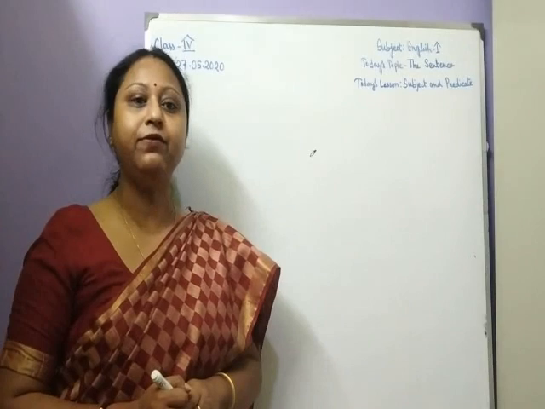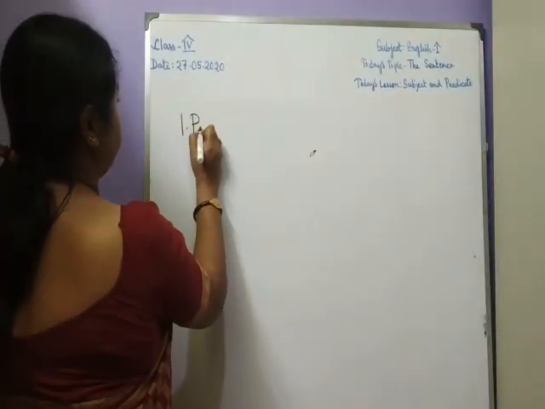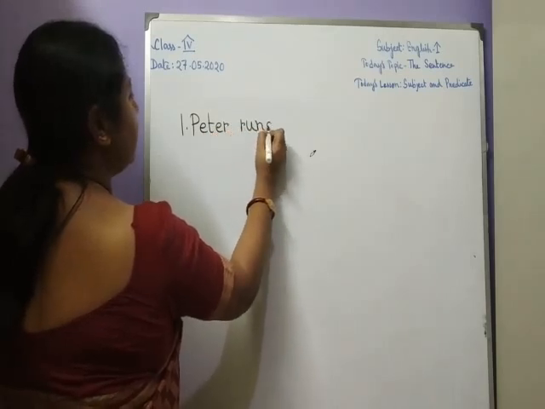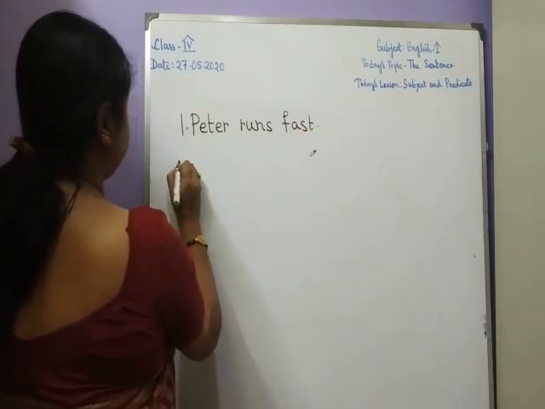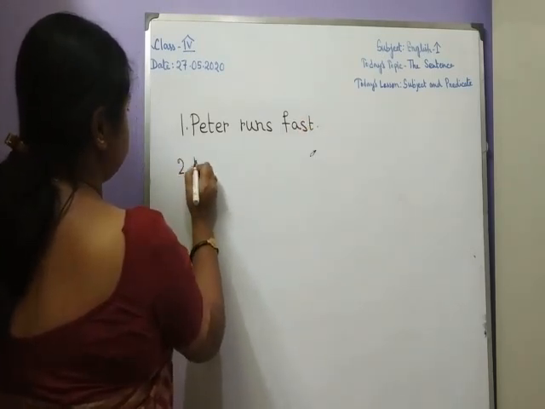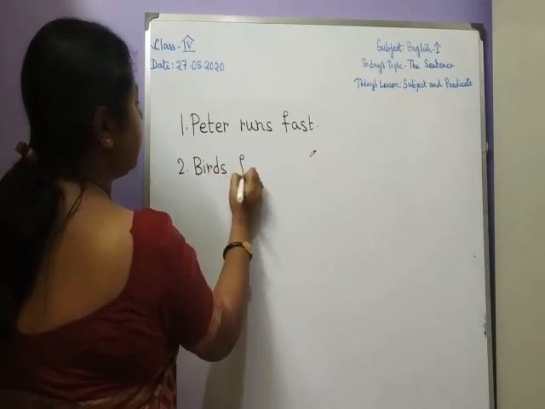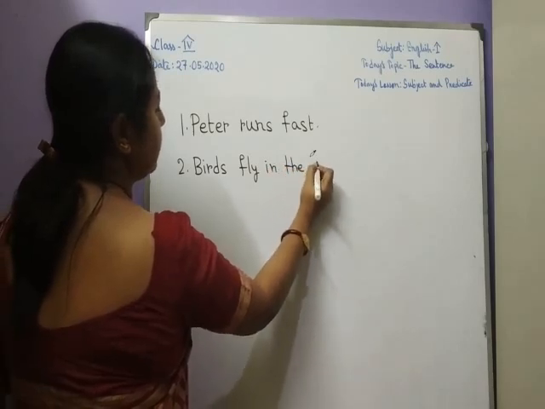Now let me write few sentences. Peter runs fast. Birds fly in the sky.